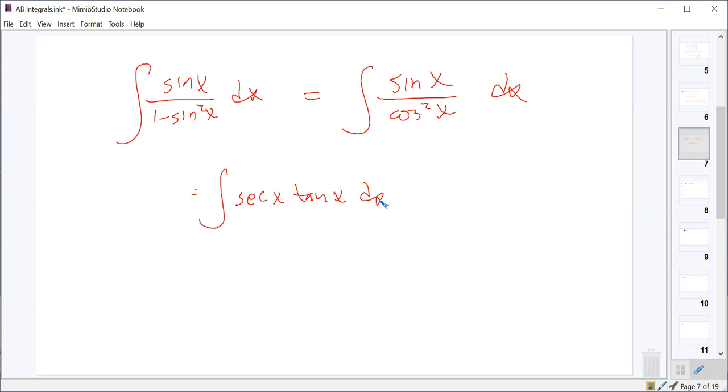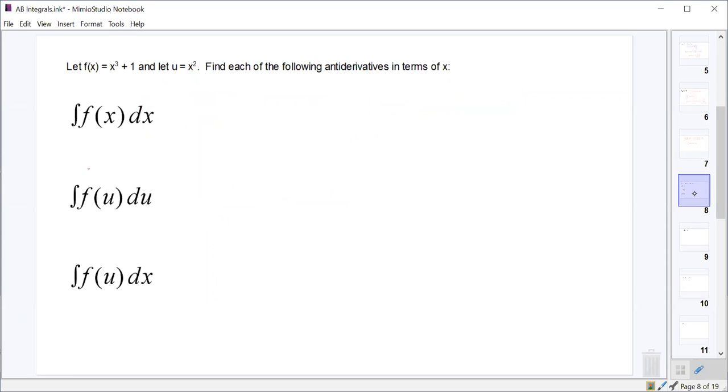All right, cool. In that case, we will just continue moving forward. What we're going to do is look at how changing some variables around can affect your antiderivatives or your integrals, and specifically how integrating in terms of a different variable, the dx or the du, might affect things.